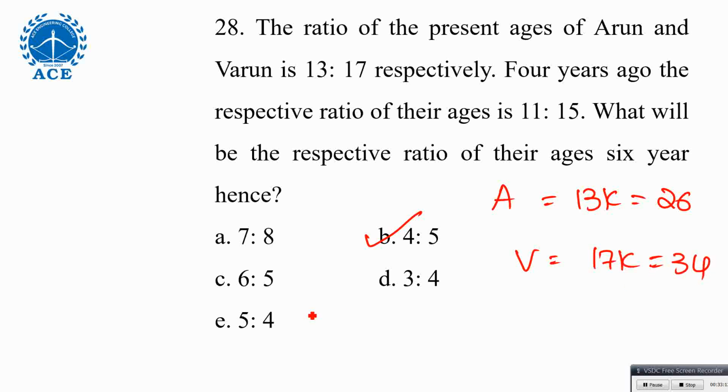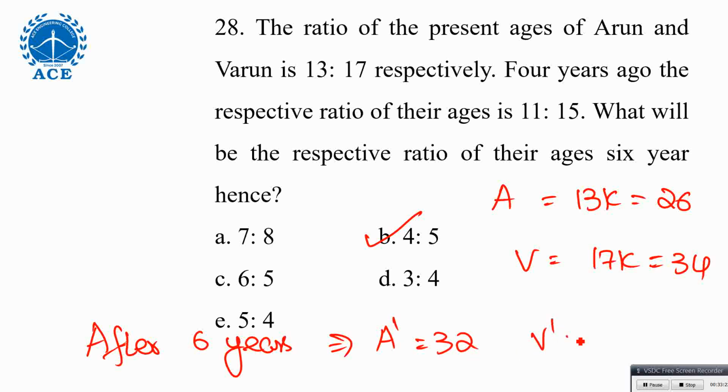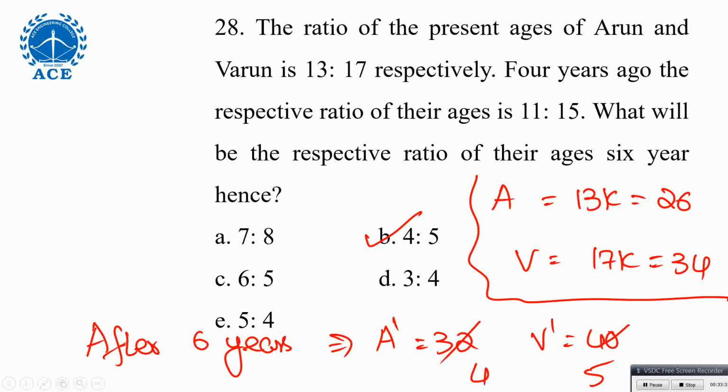After 6 years, Arun will be 32, Varun will be 40. These two are 8 times 4 and 8 times 5. That's why the ratio is 4 is to 5 after 6 years.